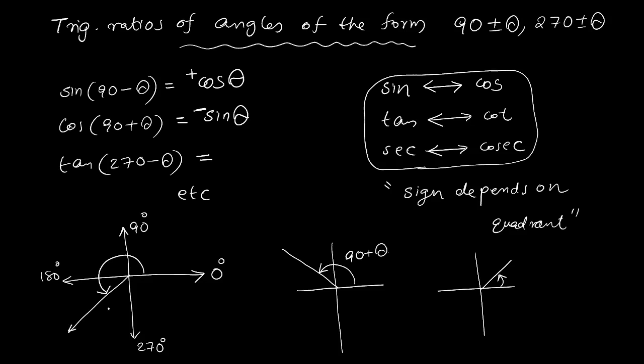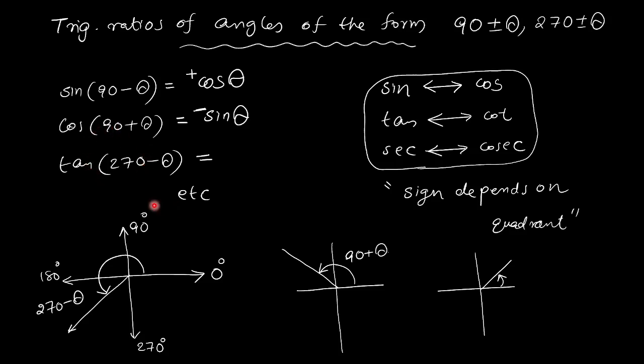Clearly 270 minus theta lies in the third quadrant. This is tan of the third quadrant.